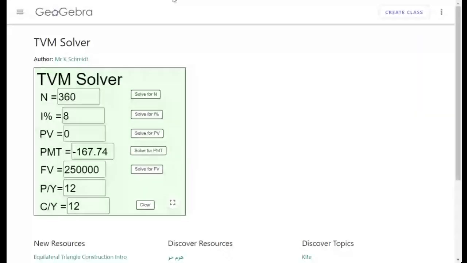Can you see it? Here, there it is. Let me clear it. So we said capital N was 1 times 40, so that's 40. Capital I was 6%.